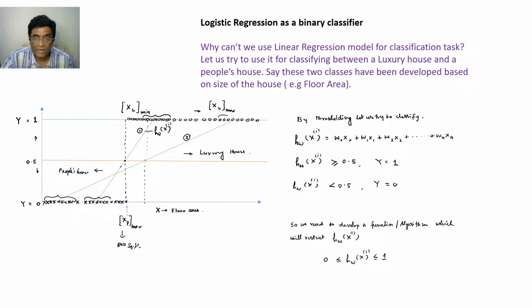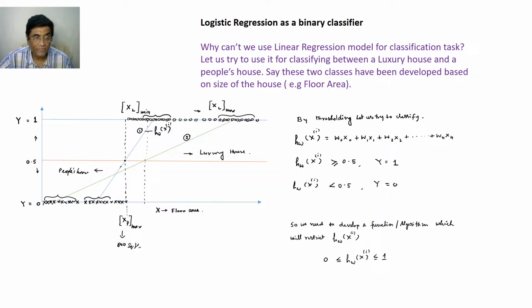And suppose she has also collected these samples, which are definitely, as your definition suggests, beyond 800 square feet, so they all belong to our luxury house class. So these data characterize our people's house, and these characterize our luxury house.